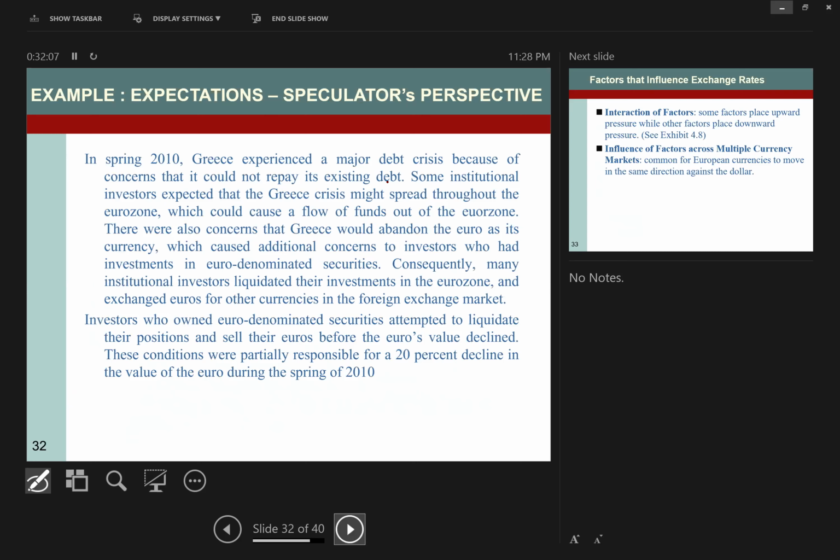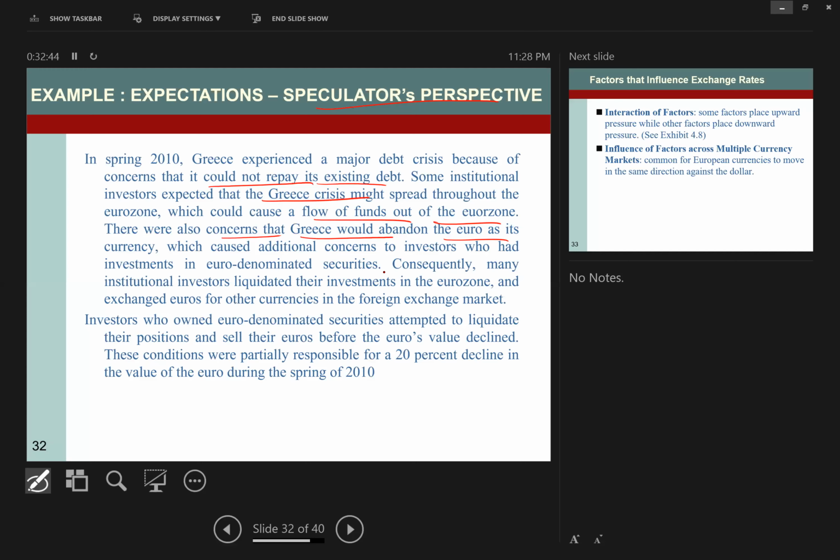So some institutional investors expected that Greece crisis might spread throughout the Eurozone, which could cause a flow of funds out of the Eurozone. So there were also concerns that Greece would abandon the euro as its currency, which caused additional concern for the investors who had investments in euro-denominated securities.